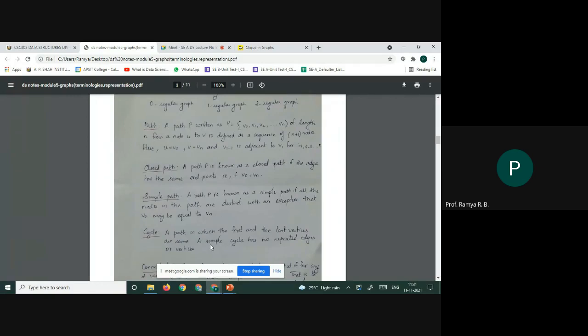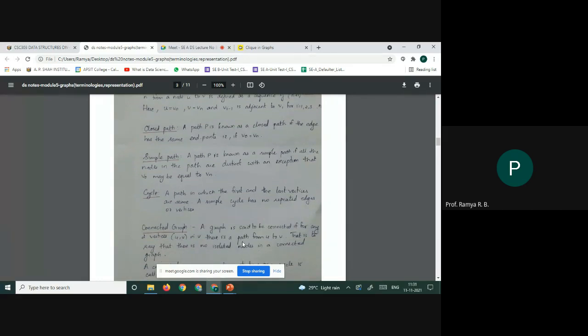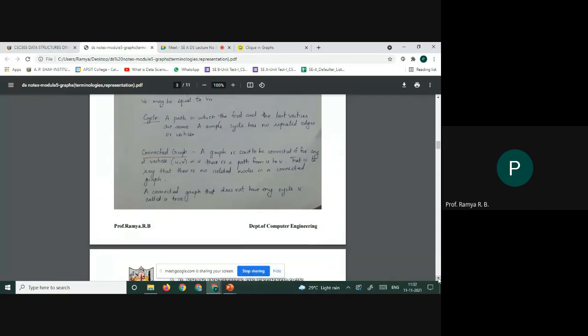Such a cycle is called a simple cycle. Whenever you have this term simple associated with any definition, path or cycle, remember that you will not have any repeated vertices or edges. Every vertex that you are visiting is going to be visited only once, with an exception of the origin. Your origin and destination can be the same. So that is path, closed path, simple path, cycle and simple cycle.